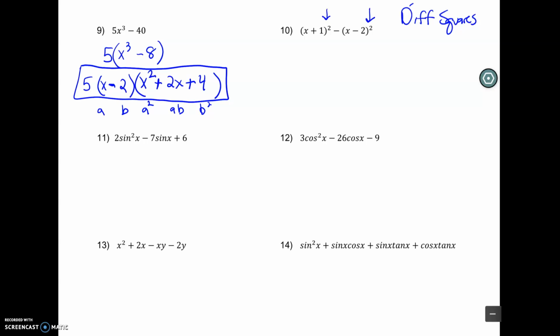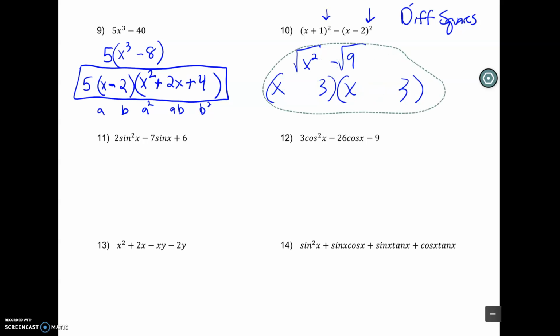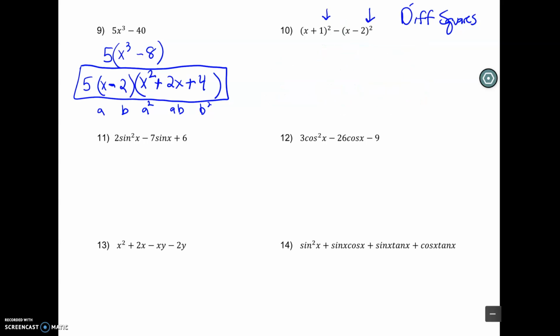Okay? So believe it or not, we're going to do this the same way that we would do x squared minus 9. And for x squared minus 9, we would write 2 parentheses. We would put the square root of the first term in the first spot and the square root of the second term in the second spot. So for this, it's just going to be a little complicated, but it's the same thing.